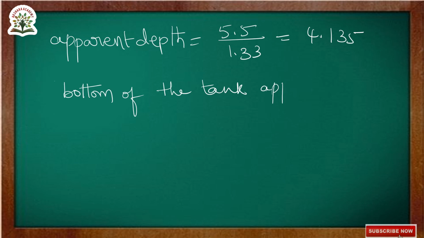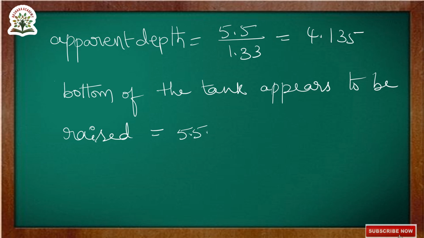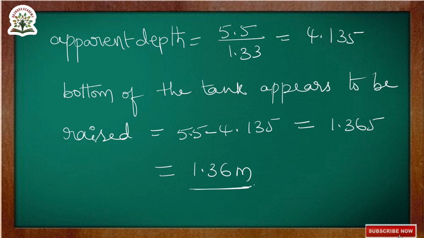That is equal to real depth minus apparent depth, 5.5 minus 4.135. So that is equal to 1.365. This is how much the bottom of the tank appears to be raised. Final answer is 1.36 meters. This is the final answer.